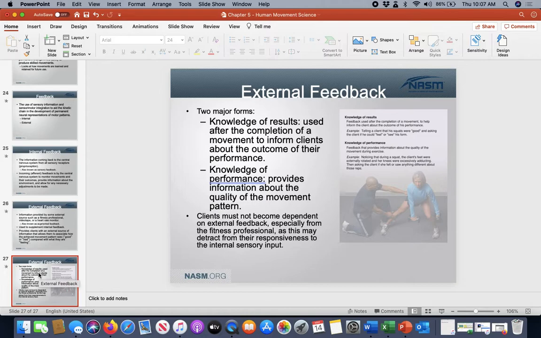Maybe the muscles didn't fire correctly, or you didn't put out the right amount of force, so things didn't move as quickly, so it felt funky. All right. So those are different types of things. But it's really important that we understand the internal and external, how the brain interprets things, and how things feel versus anything else.